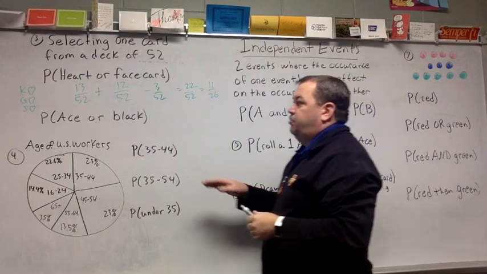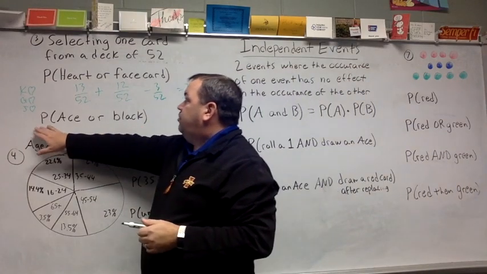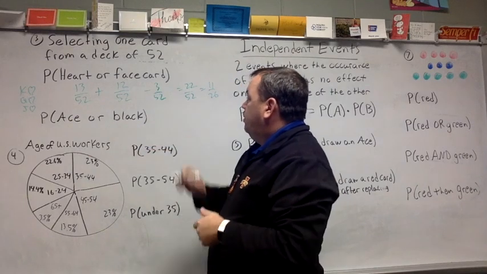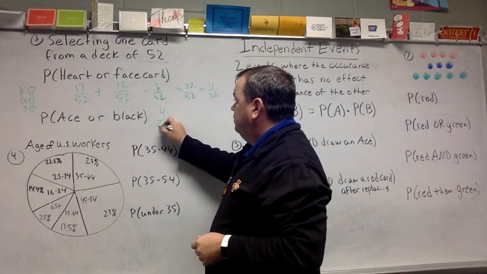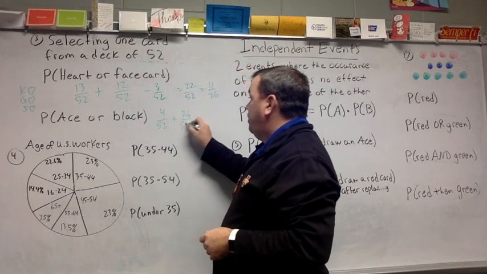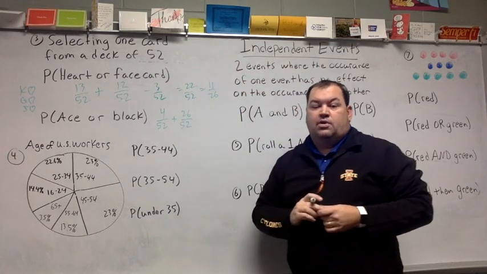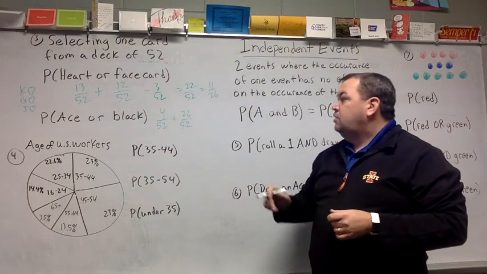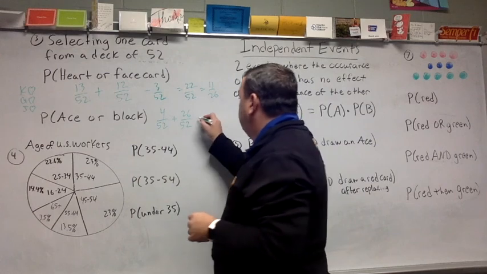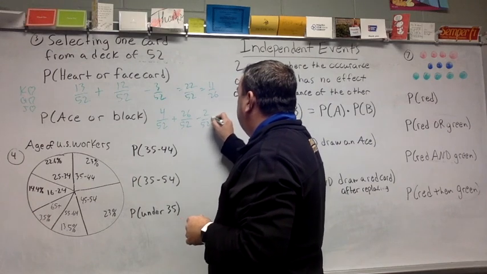My second example is very similar. I said the probability of getting an ace or a black card. There are 4 aces, and there are 26 black cards. But there are also 2 black aces. So I have to take those ones that I counted twice and subtract them off.